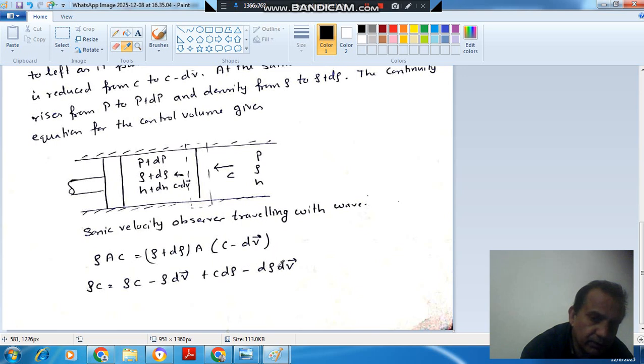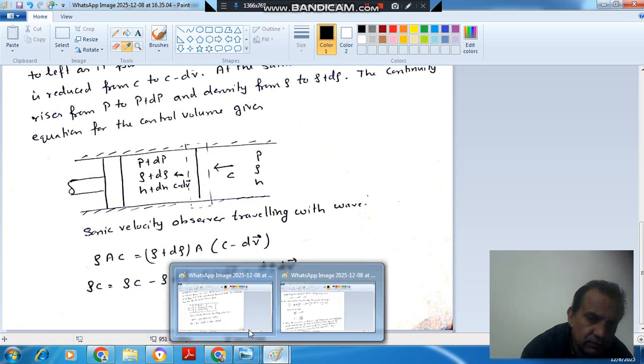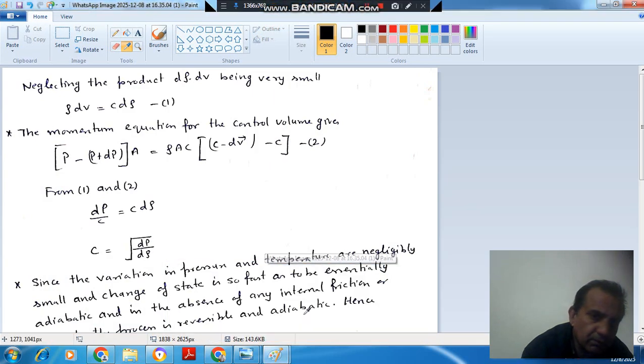This is a product of two small quantities, so it can be neglected, and rho c will cancel out. Now we have only these two terms, and these two terms will be equal, and the equation will become rho dv is equal to c d rho. So this is equation number 1.